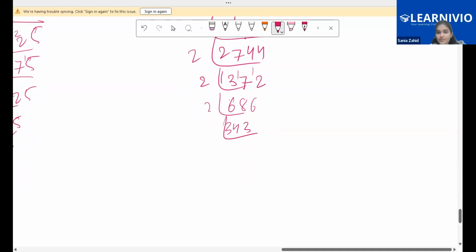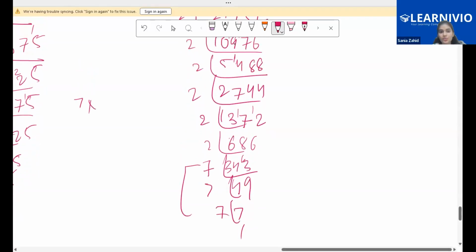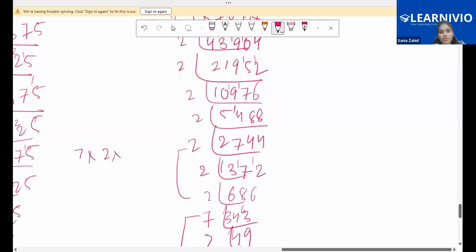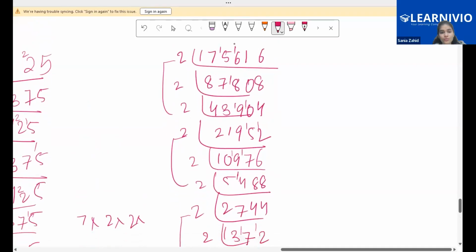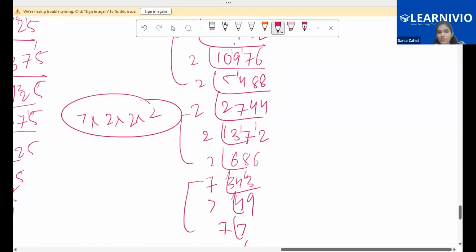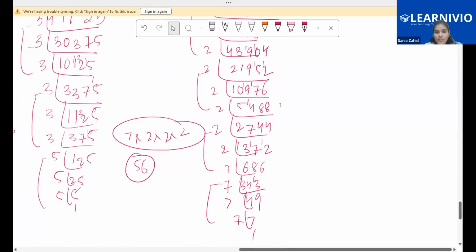I guess it's by 7. Yes, ma'am. Yeah, by 7. Then 7 into 7 and then 7 into 1. So we have 7 into 2 into 2 into 2. So this will be our solution. 56 is the answer. So just go through it once and tell me if you understand it or not.